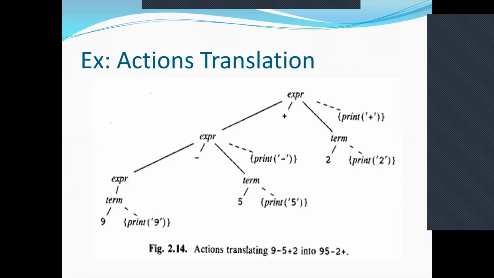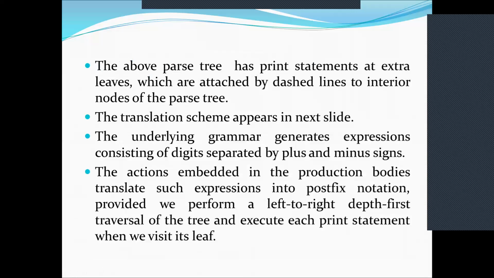The actions embedded in the production bodies translate such expressions into postfix notation, provided we perform a left to right depth first traversal of the tree and execute each print statement when we visit its leaf.